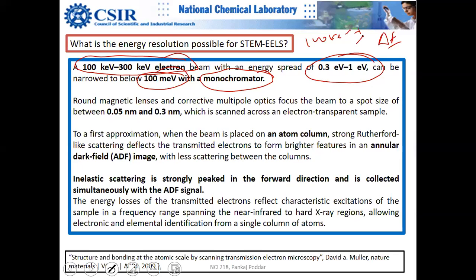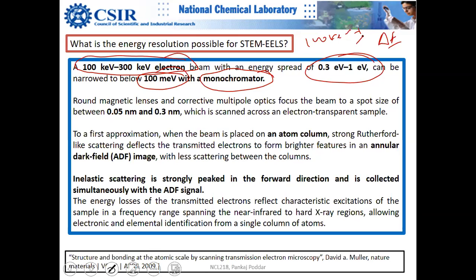Actually, it's not easy, because the problem is that electrons are coming from some source, whether it is a thermionic source or a field emission source. Both don't have that small an energy spread. Field emission is very good compared to thermionic.